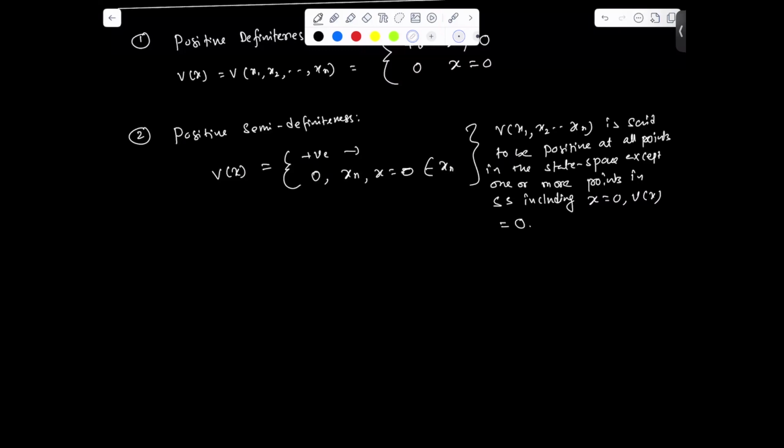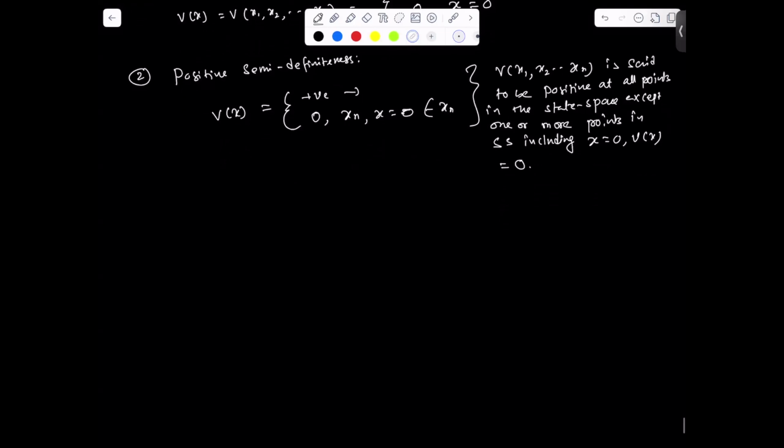Once the function follows this definition, we can say the function is positive semi-definite.